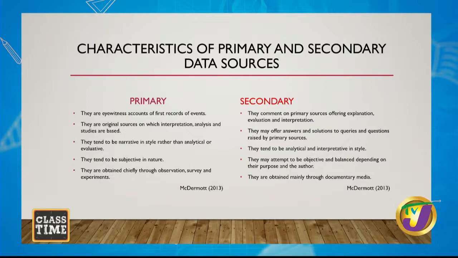They comment on a primary source, offering explanation, evaluation, and interpretation. Let's go again. They may offer answers and solutions to queries and questions raised by primary sources. So they are working on something that is actually in existence already.